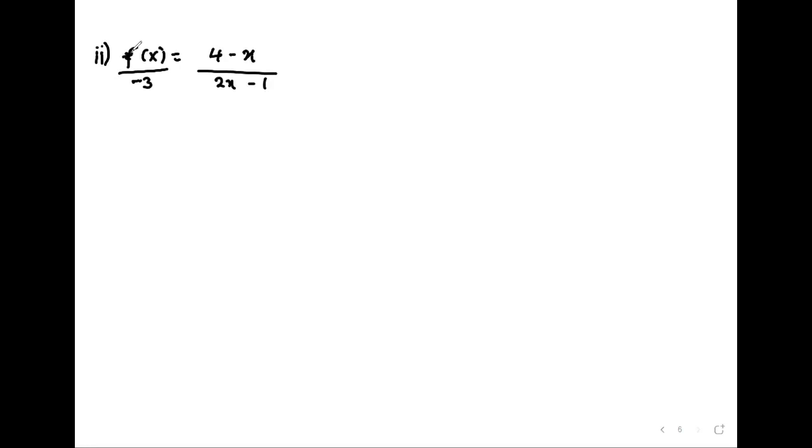So we'll multiply throughout by -3 so that f of x is equal to -3 times 4 minus x over 2x minus 1. That's all. At this point now, we can look for the range. How do we find the range?